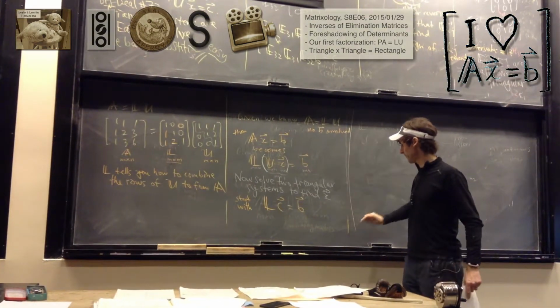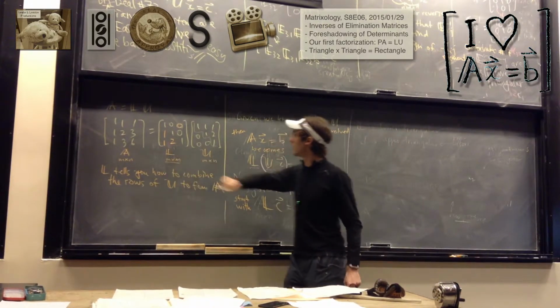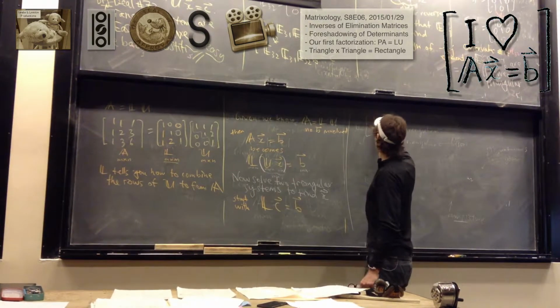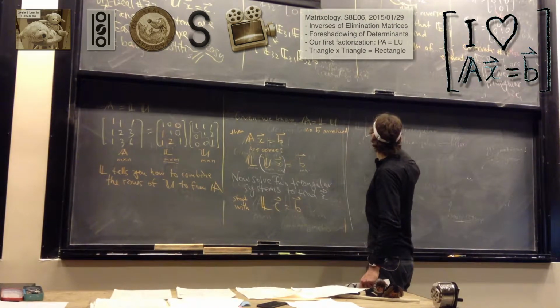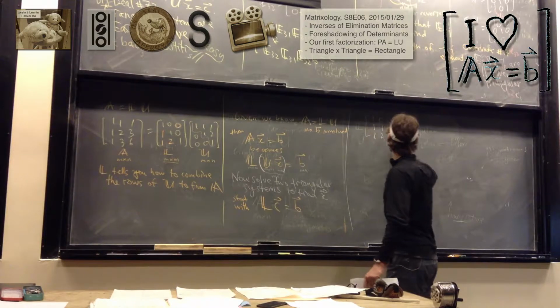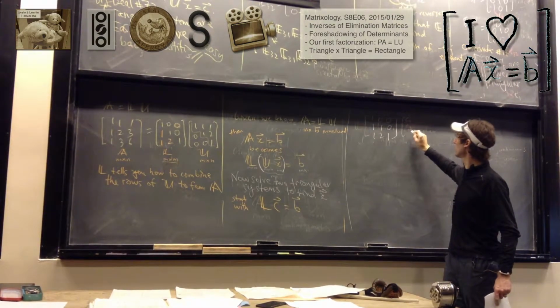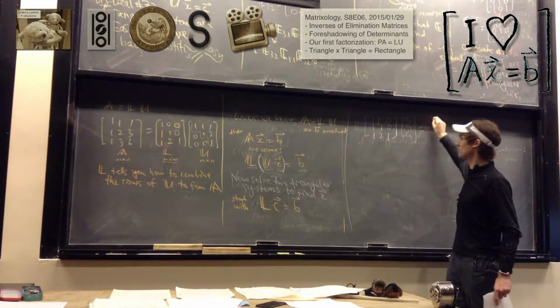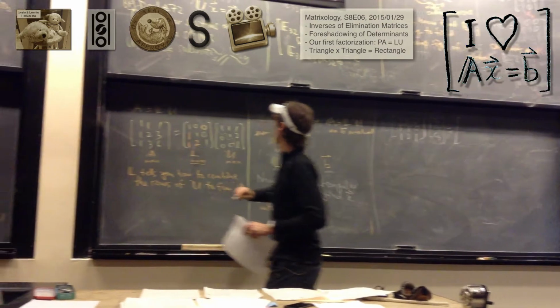All right, so let's do it. We have an L, it's this guy. So now we have this problem: 1, 0, 0; 1, 1, 0; 1, 2, 1, times c1, c2, c3 equals our B from the original problem, 5, 7, 11.